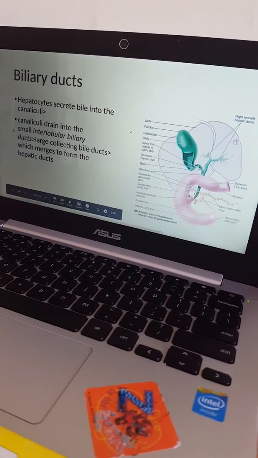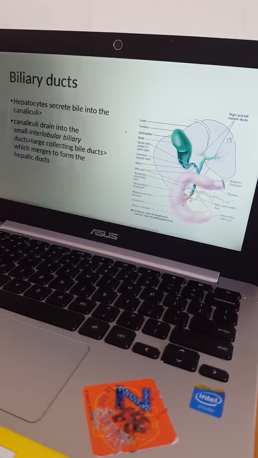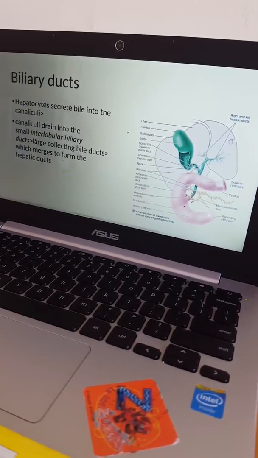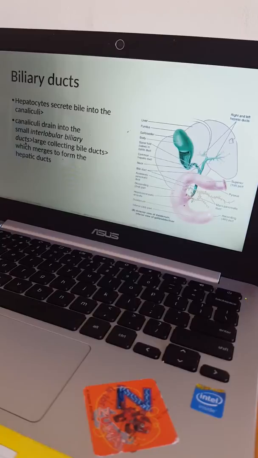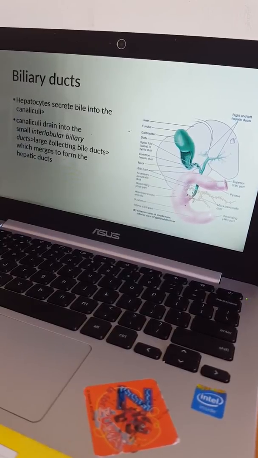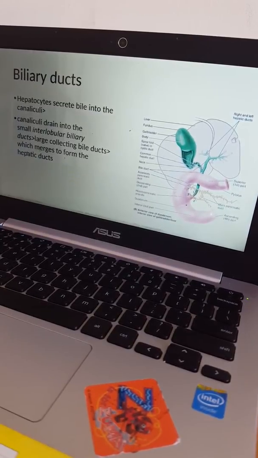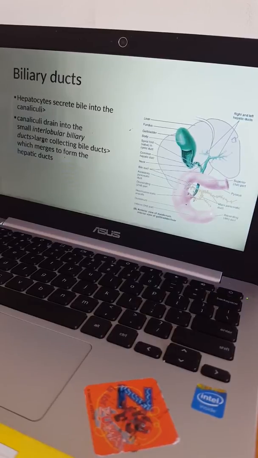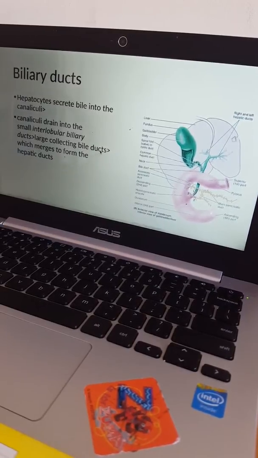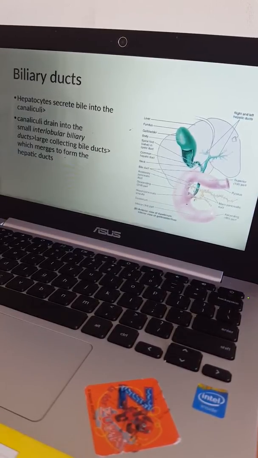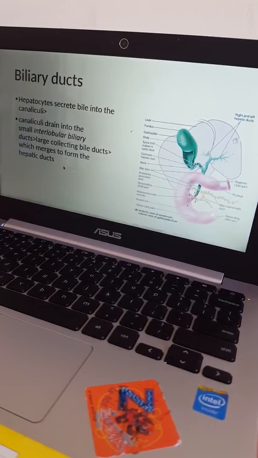So biliary duct hepatocytes secrete bile into the canaliculi, and the canaliculi drain into the smaller interlobular biliary ducts. These are named so because interlobular means between two lobules, and then these drain into further large collecting bile ducts because they're collecting, which merge to form the hepatic ducts.